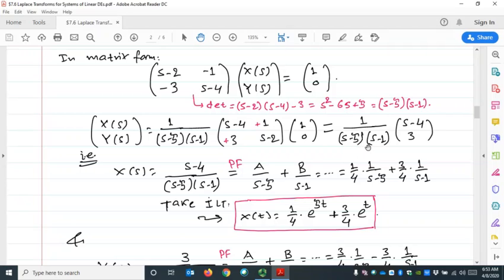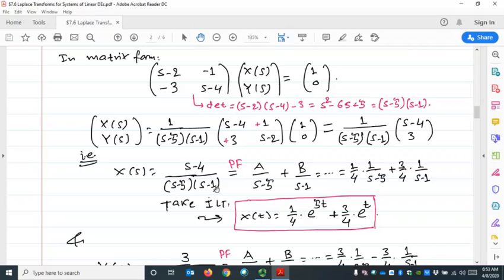Great. So now let's solve for each of these, capital X and capital Y. Capital X equals, as I said, s minus 4 over s minus 5 times s minus 1. So use partial fractions to decompose this fraction, or write this fraction into a sum or difference of two simpler fractions.